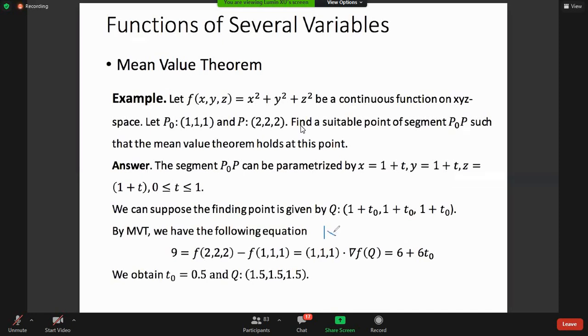So it should be 1 times partial f partial x. Partial f partial x should be 2 times x, right?